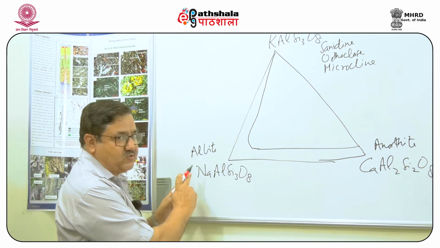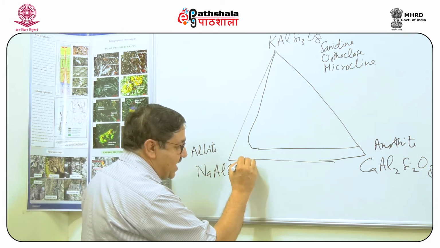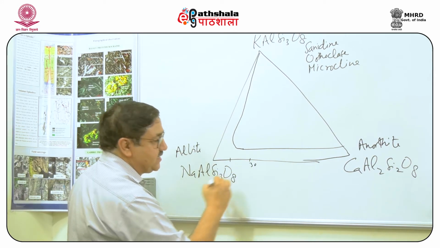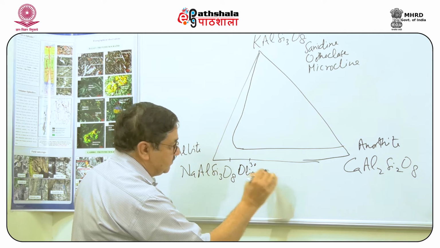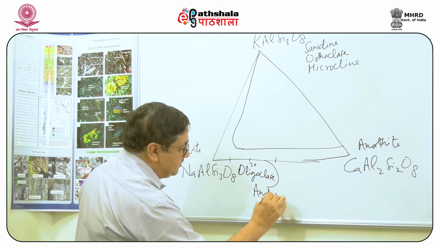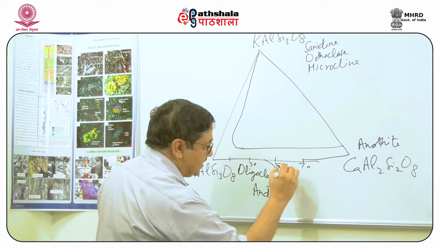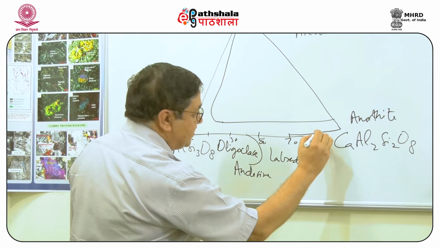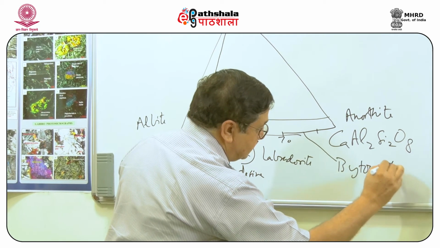When we look at the sodium and the calcium feldspars, the various divisions are: at 10 mole percent it is called albite, 10 to 30 mole percent it is known as oligoclase, 30 to 50 mole percent it is known as andesine, and 50 to 70 mole percent it is known as labradorite, and 70 to 90 it is known as bytownite.